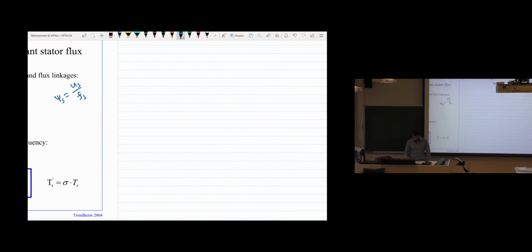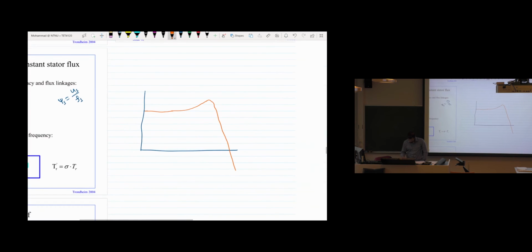I think you are very familiar with the torque characteristics, which goes up, reaches the maximum pull-out torque, and then becomes a bit steeper. It's symmetrical around this point.